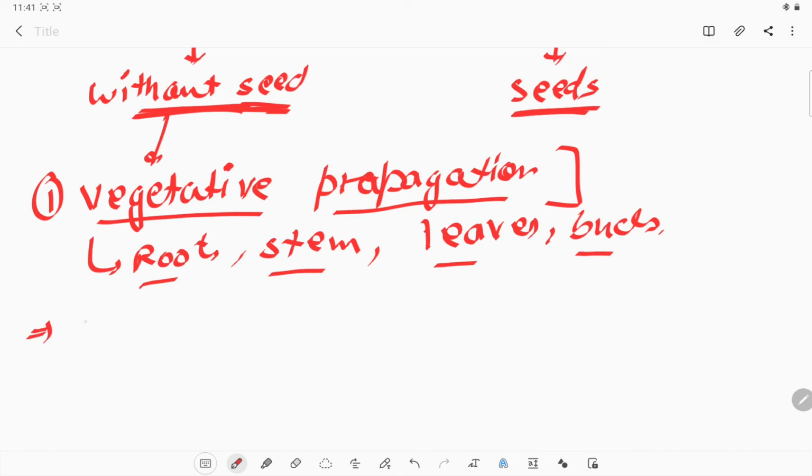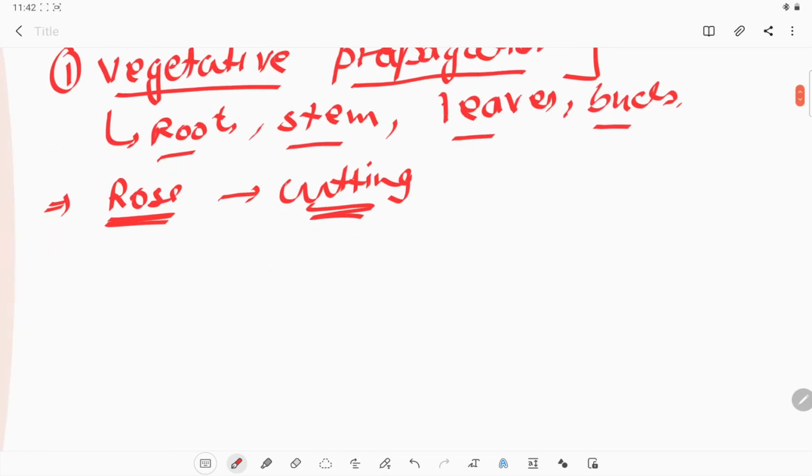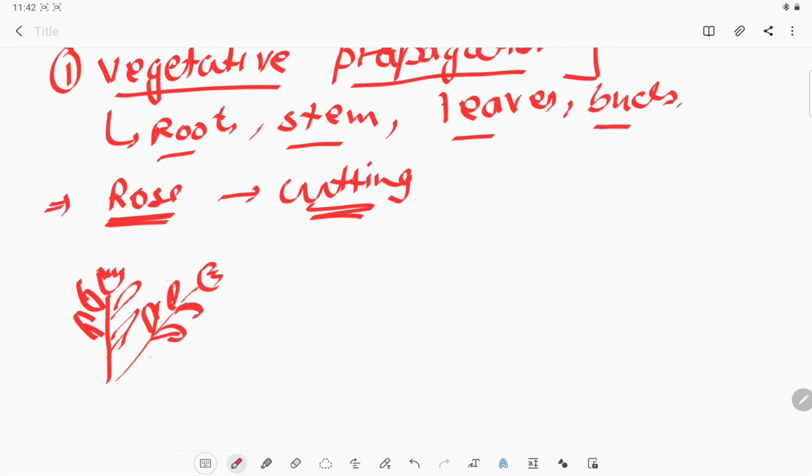For example, if we talk about a rose plant, normally a rose plant can grow by the cutting process. This is a rose plant, and if you like this rose a lot, what you can do to grow it in your home is cut the stem of this rose and grow it at your home.